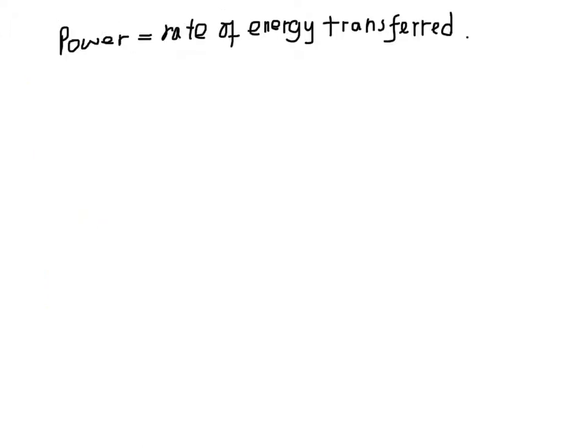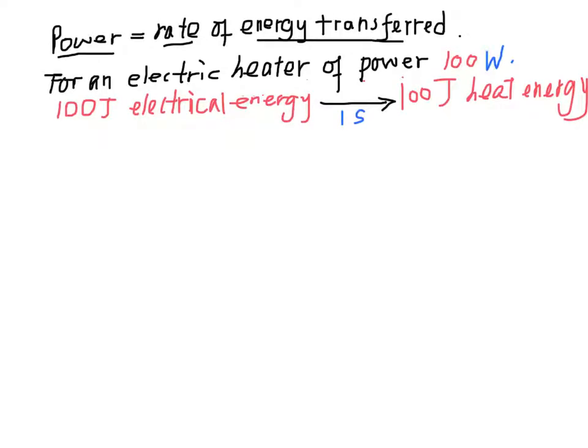Next, let's look at the meaning of power. By definition, power is the rate of energy transferred. For an electric heater of power, for example 100 watts, W means watts.